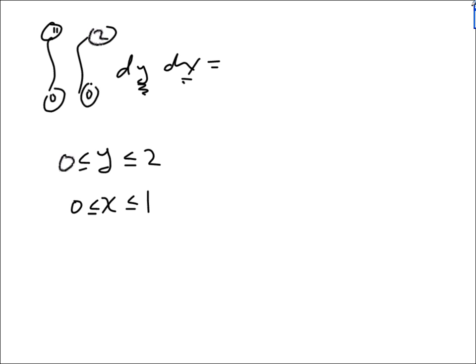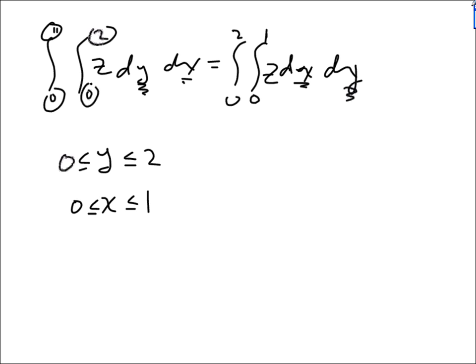So interchanging the limits of integration, switching the order of the integral, well, x goes between 0 and 1. y goes between 0 and 2. And there it is. And it doesn't matter what the z value is.